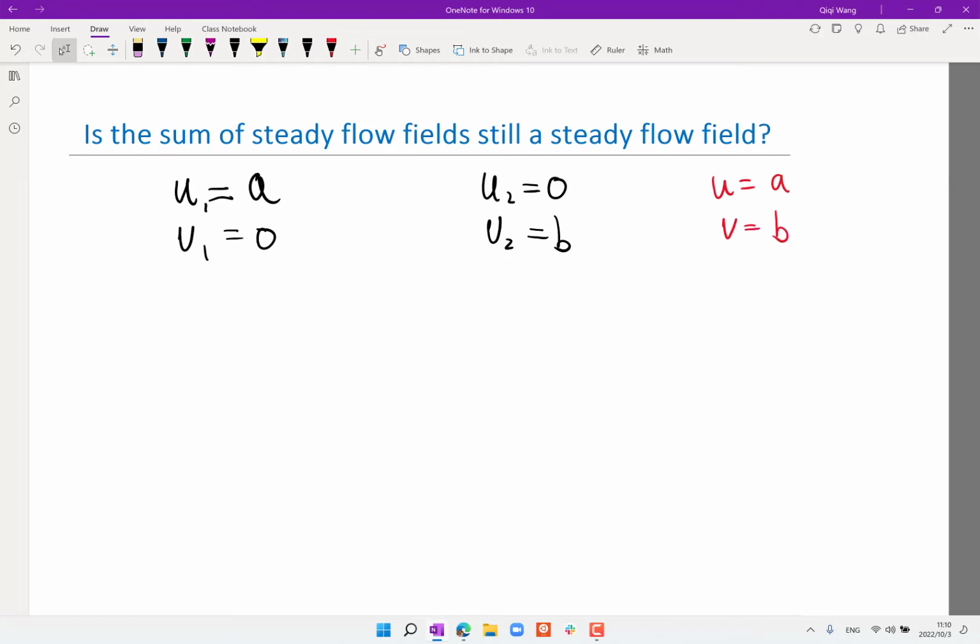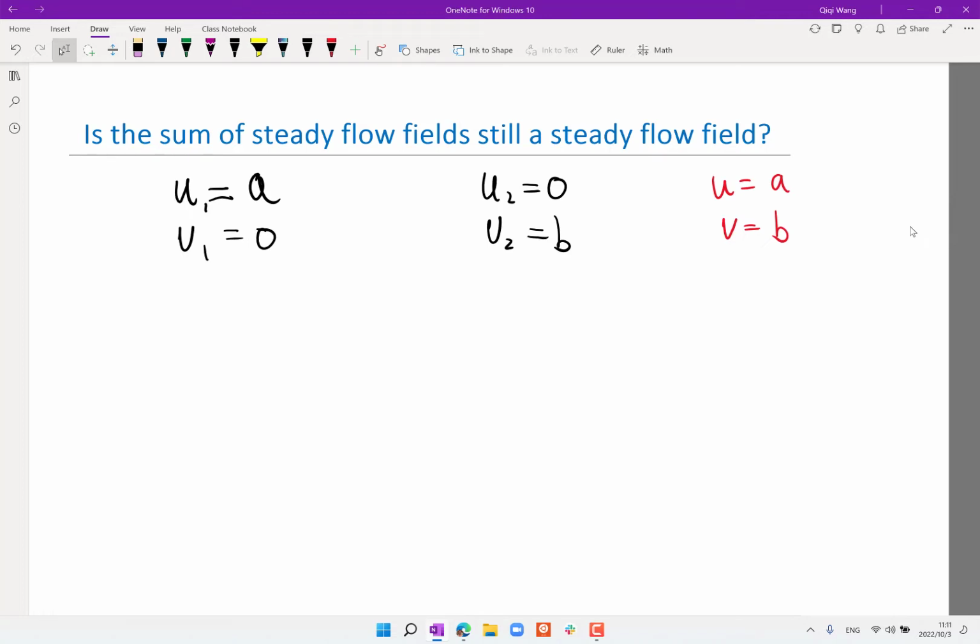That's a perfectly valid flow field. And in both flow fields, because the flow just goes along a single direction, the pressure is what? What's the pressure field like for both of these flow fields? Uniform, right? So the new flow field also has uniform pressure. So this is a case where the sum of 2 flow fields is still a perfectly valid flow field.